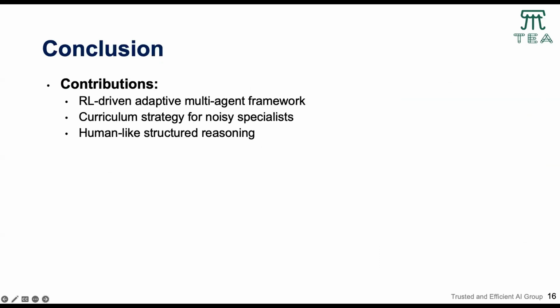For the conclusion, this paper introduced an RL-driven adaptive multi-agent framework, and the curriculum learning strategy they use can benefit from the noisy specialist, and they can also get human-like structured reasoning after using their curriculum learning-based multi-agent reinforcement learning.